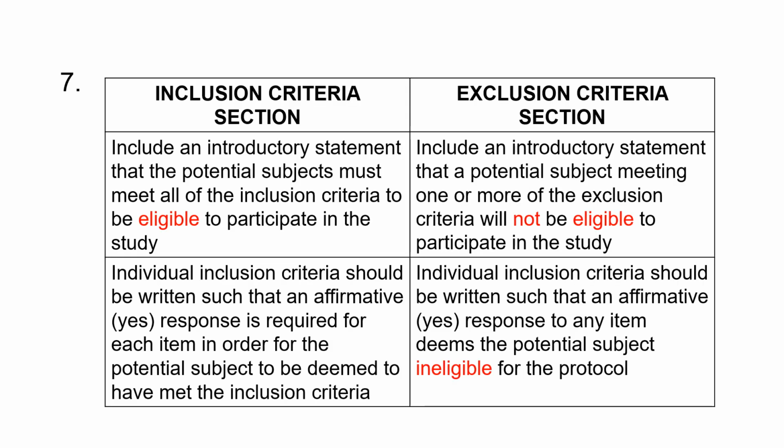In the actual writing of the criteria, include an introductory statement that the potential subject must meet all inclusion criteria to be eligible, and meeting one or more of the exclusion criteria will make him not eligible to participate in the study. Also, individual criteria should be written such that a yes response for both inclusion and exclusion criteria deems a subject eligible or not accordingly.